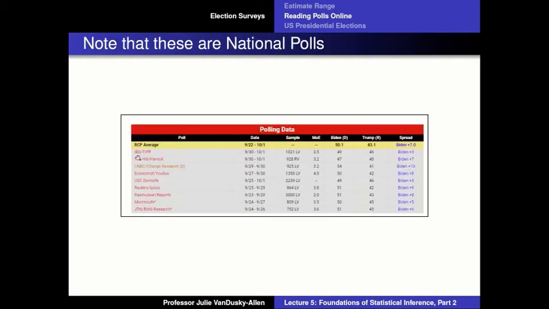So for example, if you look at this first poll here, the IBD-TIPP poll, they're polling 1,021 likely voters, while the second poll here, the Harris-Hill X poll, they're polling 928 registered voters. So different samples could lead to different results. So I'm going to show you how to interpret these two polls here.